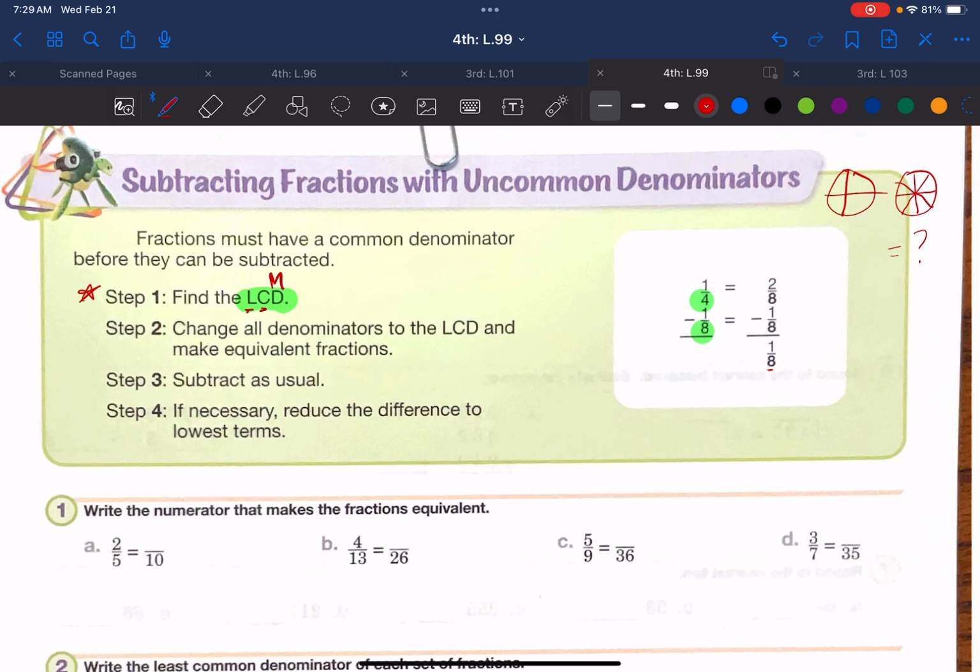If I told you that whatever your denominators are, in this case 4 and 8, if you just do 4 times 8, you're going to get a common denominator because that's 32. And I know that 32 goes into both those numbers since I just multiplied it. But that's a really big denominator.